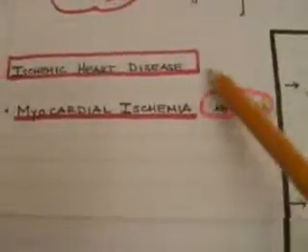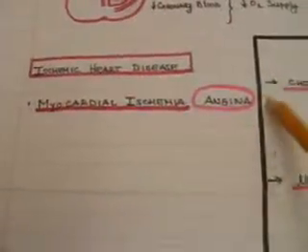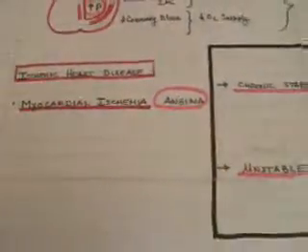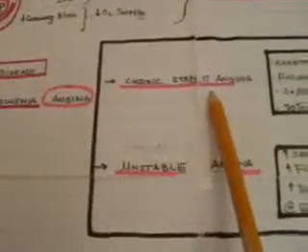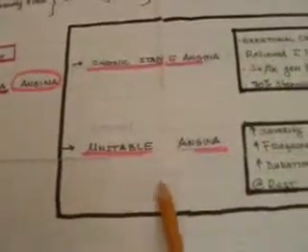And myocardial ischemia, or ischemic heart disease, will start to present as angina. The patient will start to have chest pain. And later on we'll differentiate between a chronic stable angina and an unstable angina.